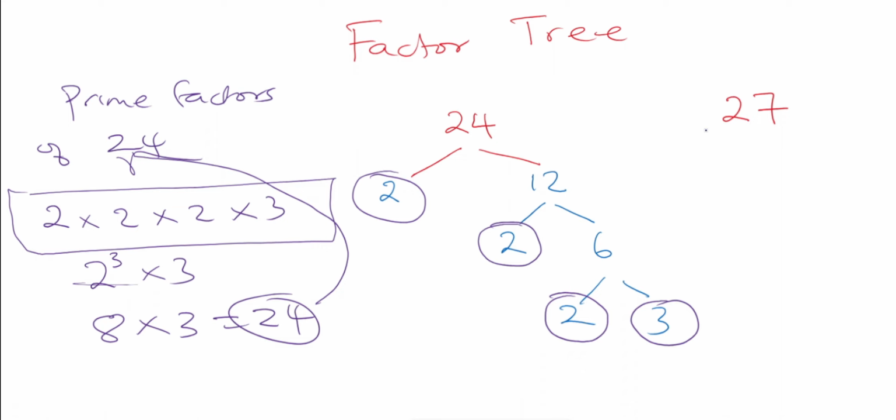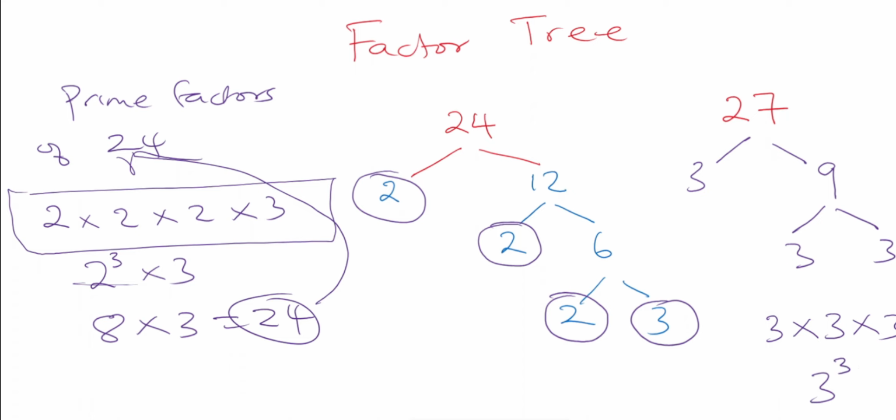And hopefully 3 should be able to divide into that. So I'm going to do 3 and 9. 2 cannot go into 9, so I'll try the next number, which is 3. And then I have it. So the prime factors of 27 are 3, 3, and 3, or simply 3 to the power 3.